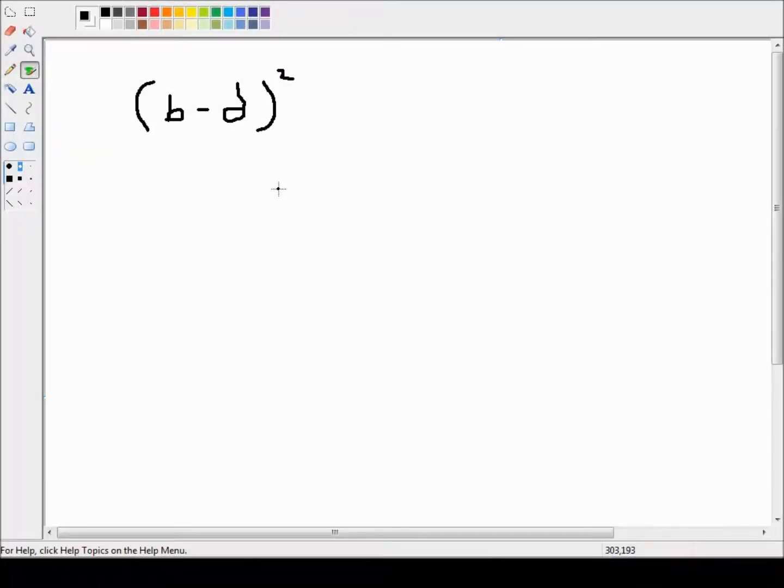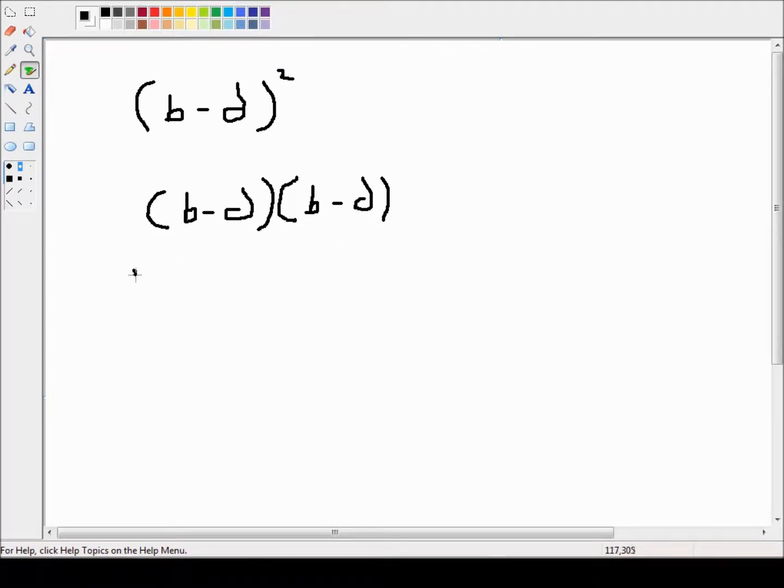Okay, so just in case that last bit wasn't obvious, b minus d squared is the same thing as b minus d times itself, which is b minus d. Now what brackets means is that everything in the brackets needs to be multiplied by everything in the brackets. So we're multiplying both b minus d by the b minus d.